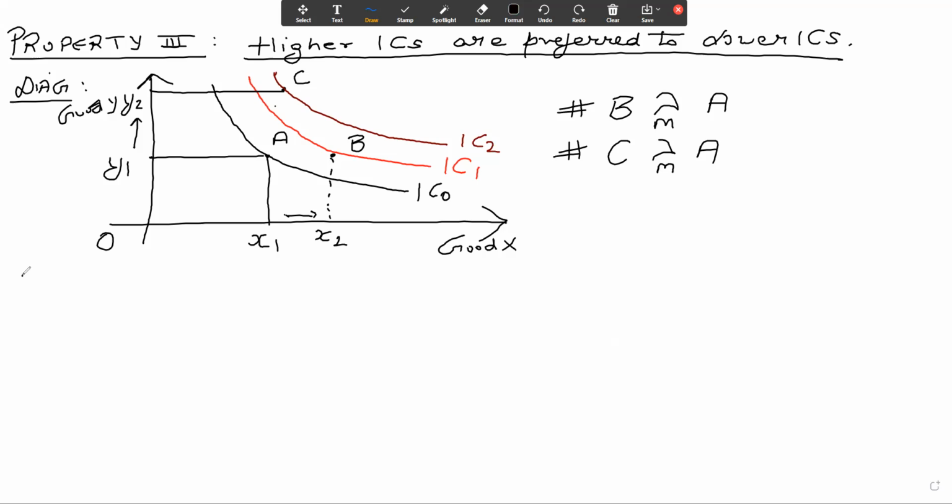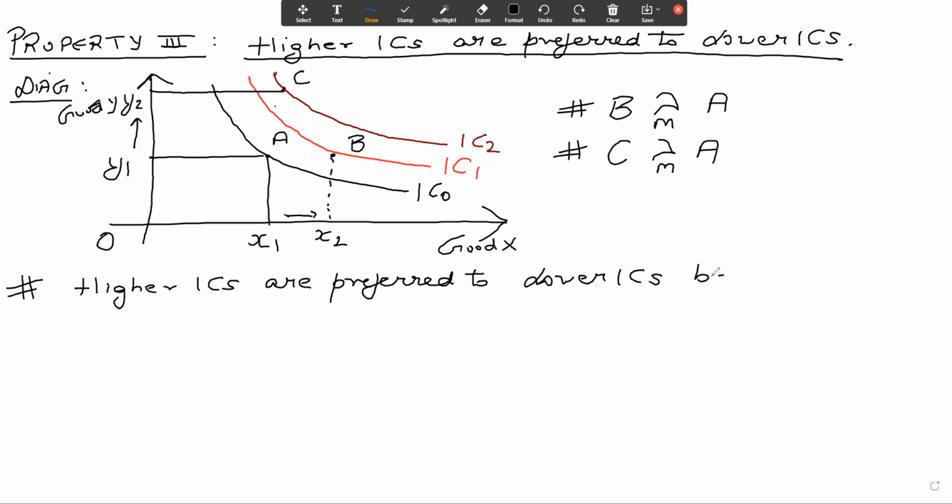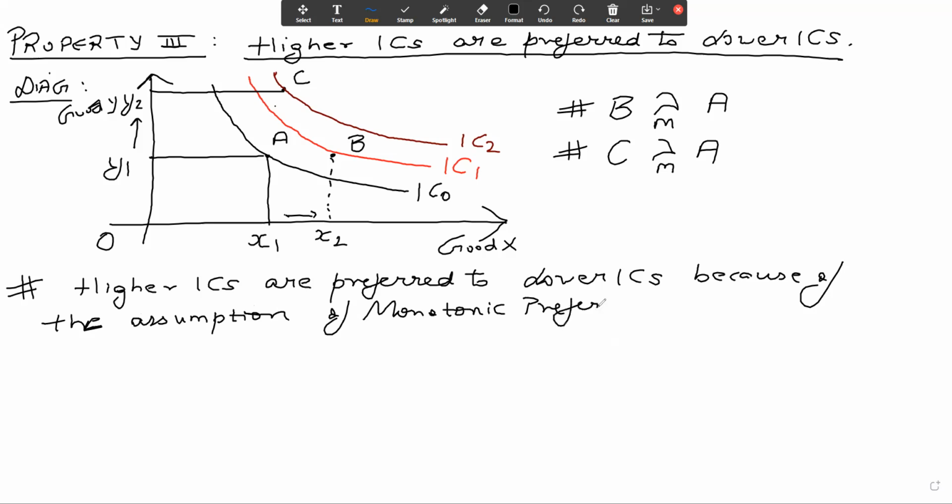Higher indifference curves are preferred to lower indifference curves because of the assumption of monotonic preferences. Monotonic preferences simply means, as we have just done a few minutes back, that more is preferred to less.